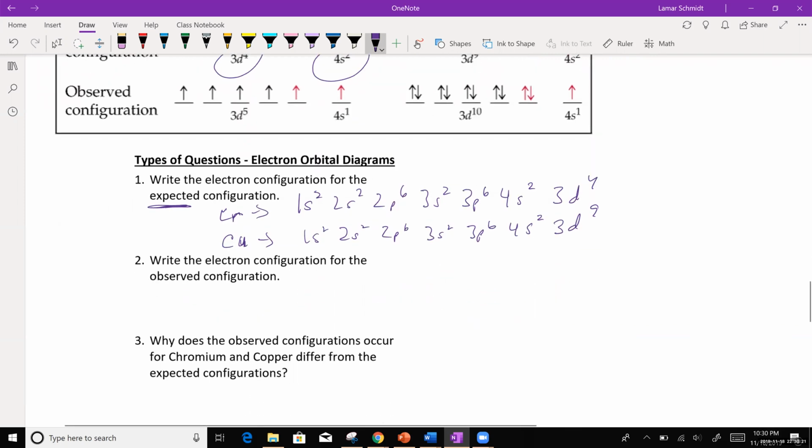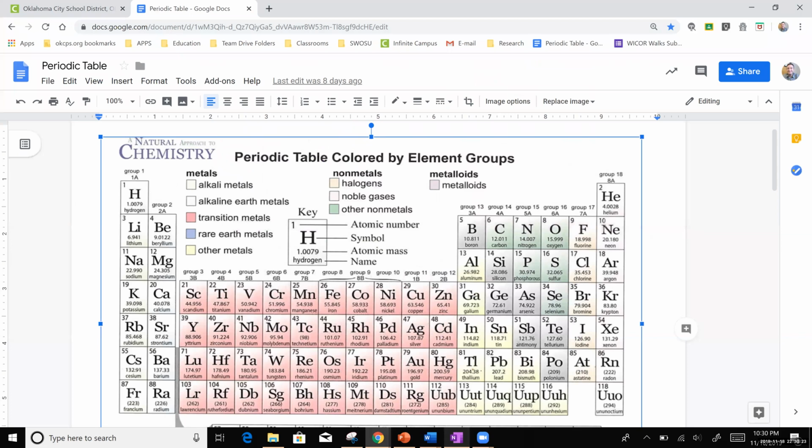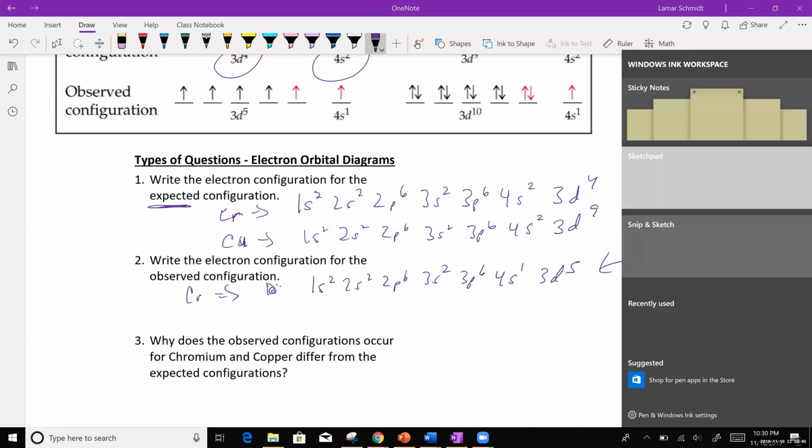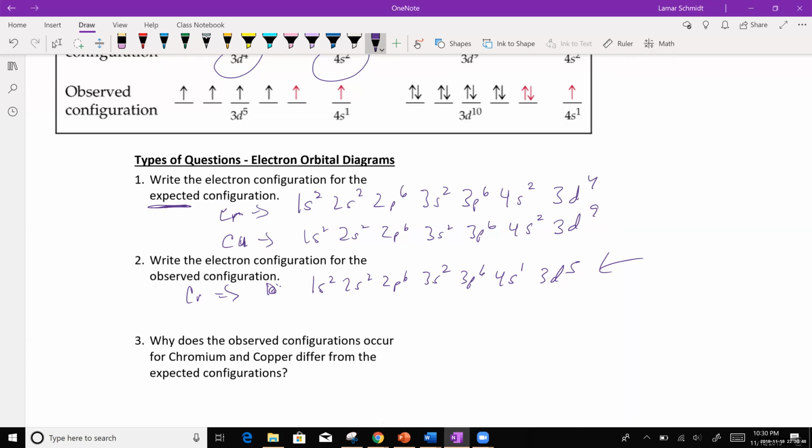All right, and if you did the observed, what you will notice is that chromium is 1s2, 2s2, 2p6, 3s2, 3p6, 4s1, 3d5. This is no longer 4s2, it's 4s1, and it donates an electron to make that 3d5.